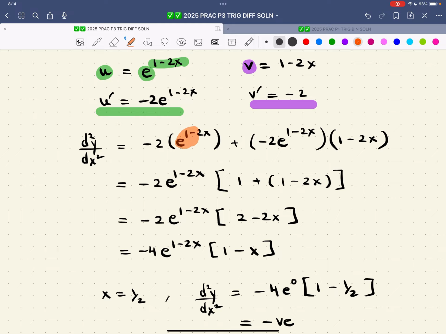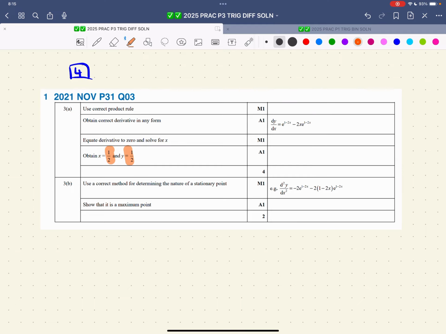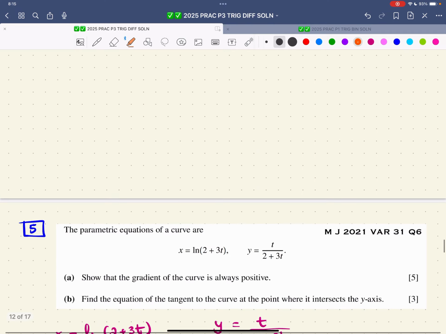You have the liberty of taking e raised to power of negative 1 minus 2x common out. Of course, you can also take negative 2 common out. And then we are left with this. Now, when we plug x is equals to half, the second derivative is coming out to be negative, which means it's a maxima. So I think it's a pretty straightforward question, provided you know your basics. So that is half, and yes, it's a maximum point.